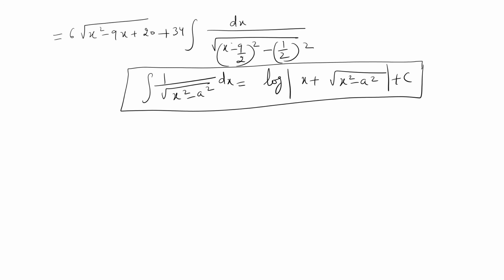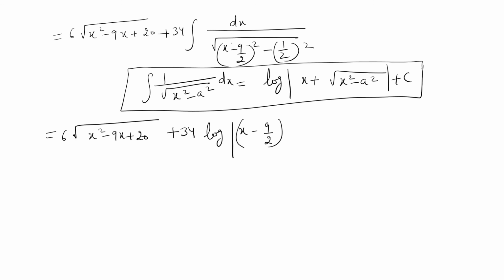So it becomes 6 times root of x square minus 9x plus 20, plus 34 times log of x minus 9 by 2 plus root of x minus 9 by 2 whole square minus 1 by 2 whole square, plus c.